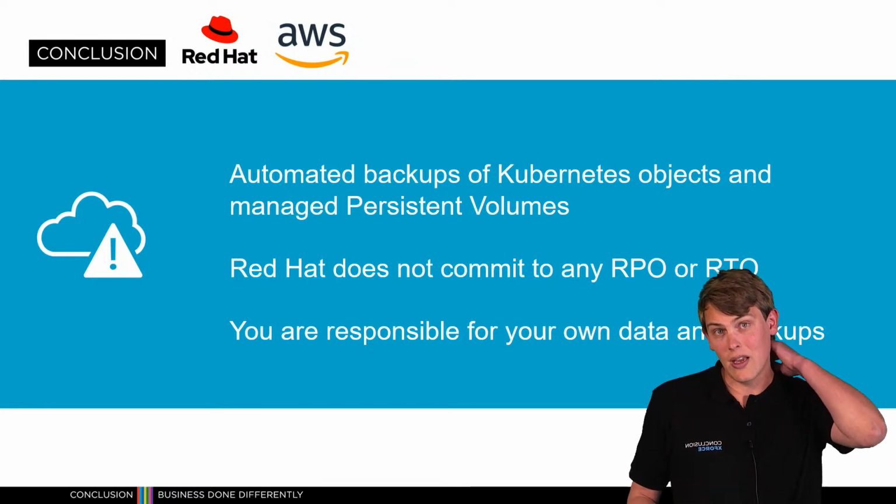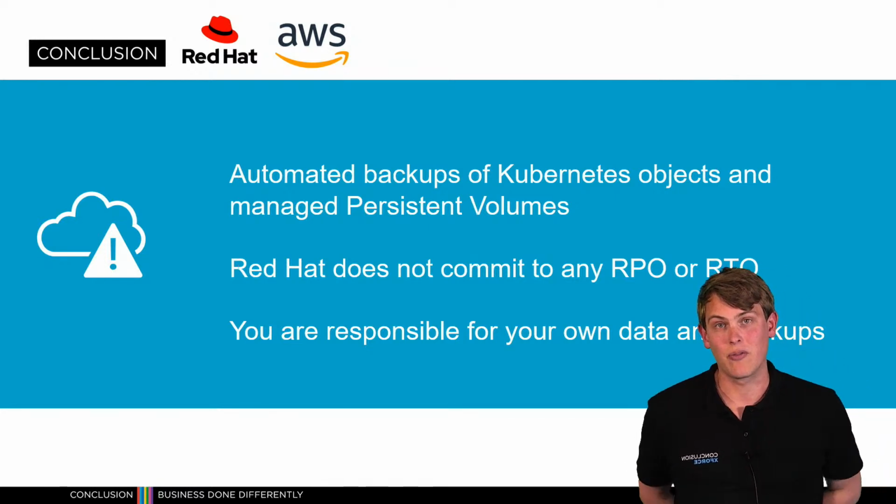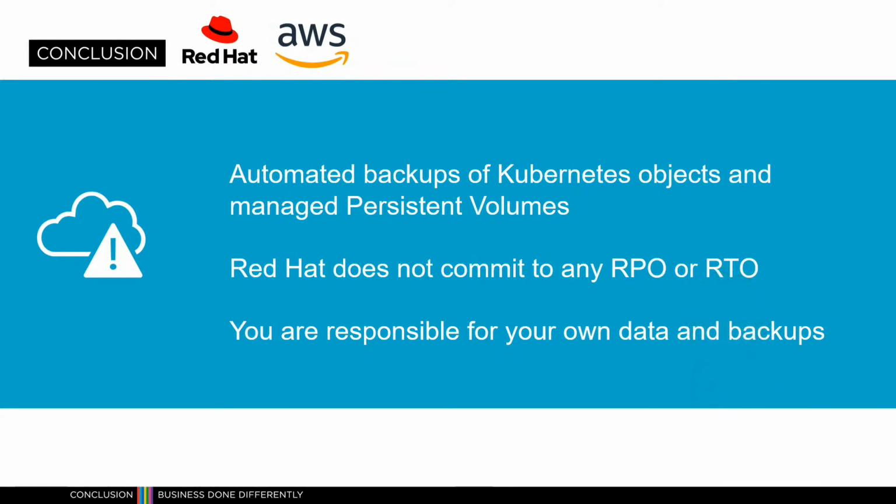One other thing about the managed service aspect of things is Red Hat does not commit to any RPO or RTO when it comes to Kubernetes objects and Red Hat managed persistent volumes. So when you run a cluster, there are some stateful workloads like the etcd cluster database component, or even your Kubernetes APIs or some other parts of the infrastructure. They are stateful.